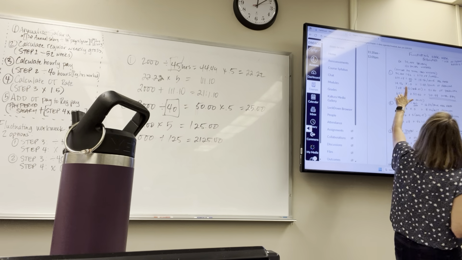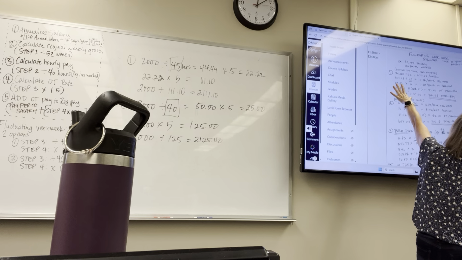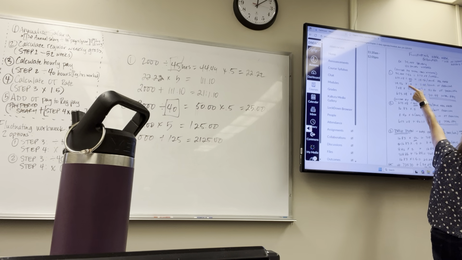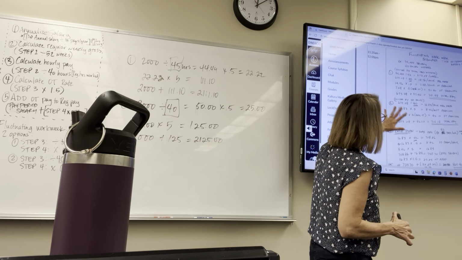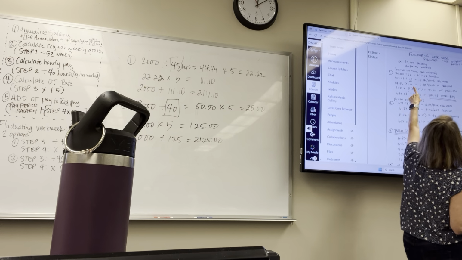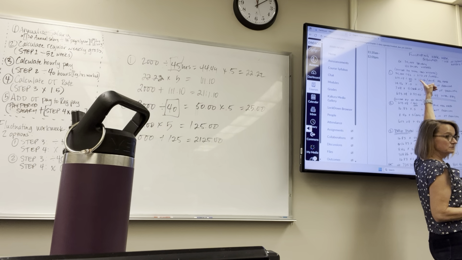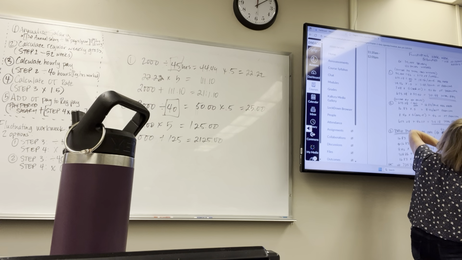So the 35,000 divided by 52 gives $673.08 per week.